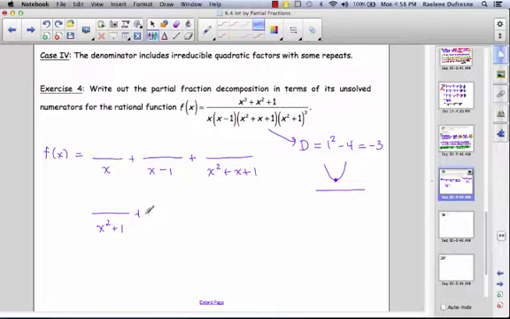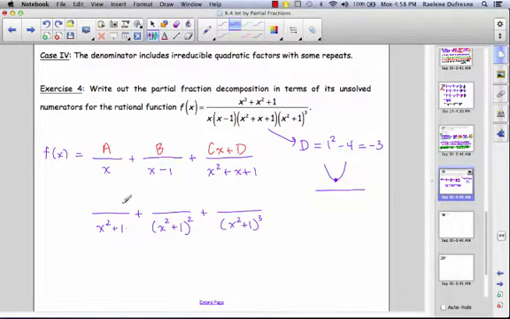Then I'm going to take my x squared plus 1, and since I've got cubed, I'm going to have 3 different denominators, recalling the 7/8 example that we saw numerically. And so each numerator has to have a degree 1 less than the denominator, and so we are going to get a constant, another constant, and a linear, and another linear, because even though this expands to be quartic, it still has a base which is quadratic.